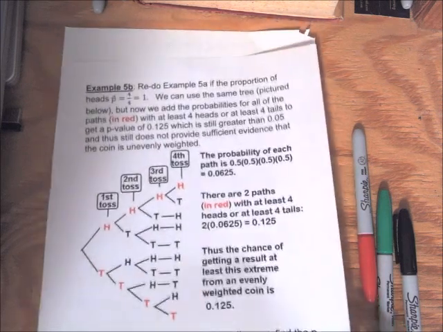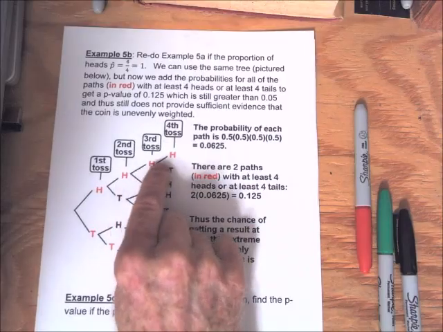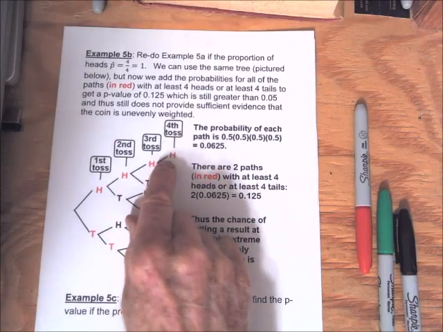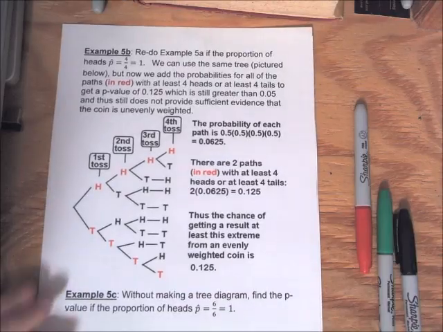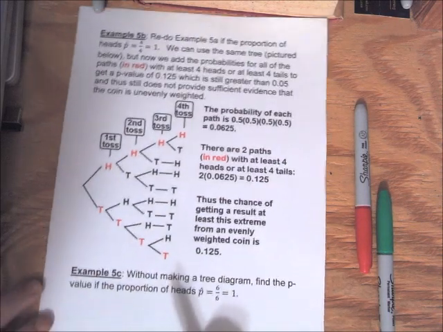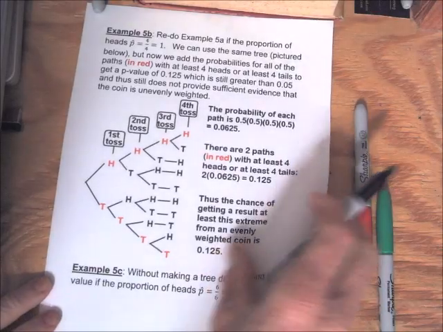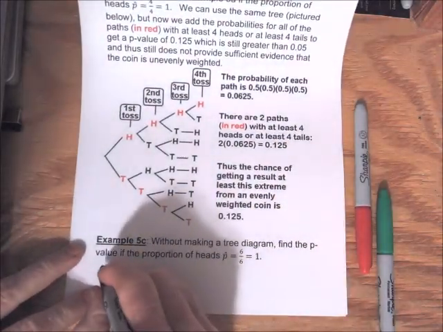Example 5c, find the p-value if the proportion of heads is 6 out of 6. So instead of 4 heads in a row, we're going to have 6 heads in a row. And also we'll have 6 tails in a row. So the 2 paths where we have at least 6 heads or at least 6 tails.